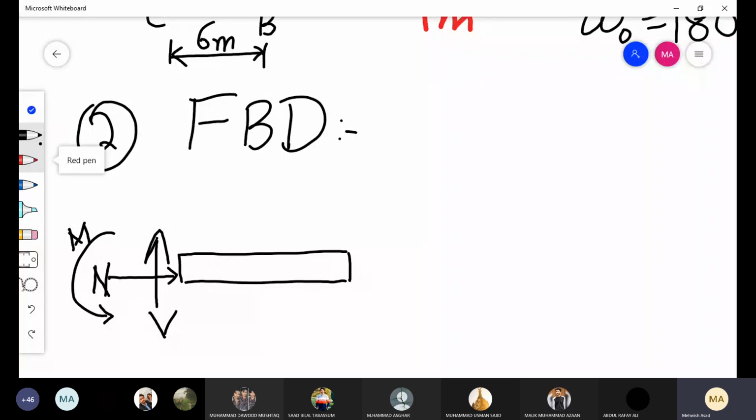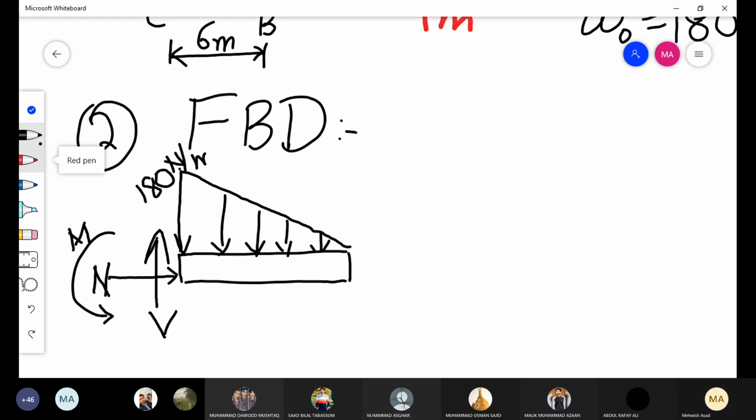And the given load, that is UVL of intensity 180 Newton per meter. Okay. We also know that the UVL or any distributed load, its resultant is equal to the area under the load diagram.